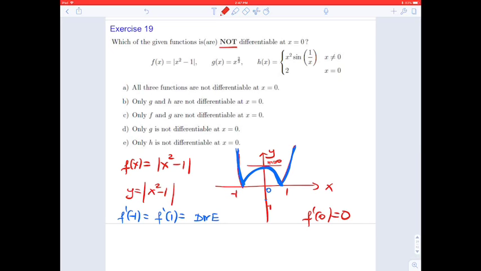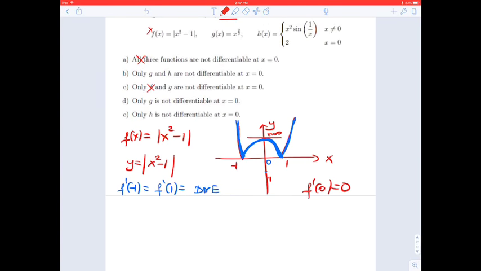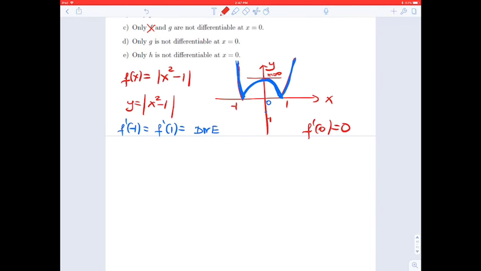That means this function is differentiable, so this is not my option. We can remove a and c because f is definitely differentiable.